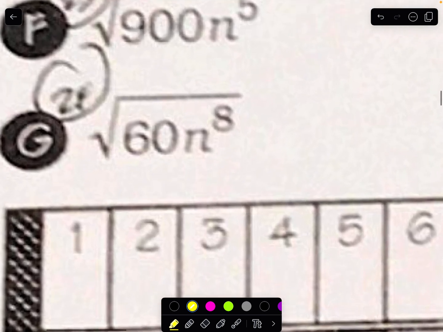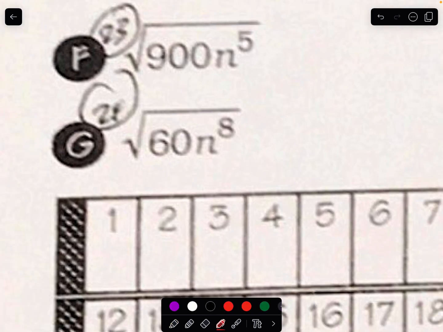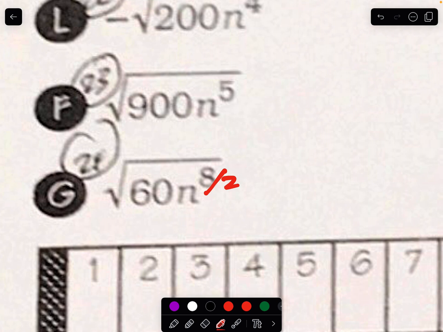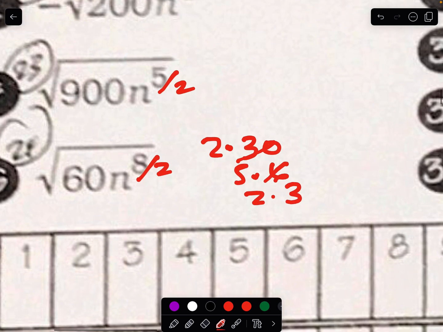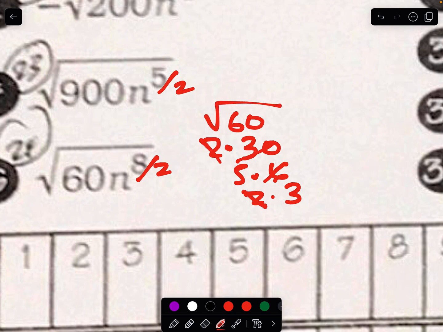So if you get stuck with this, if you haven't noticed the pattern, you just divide this by 2. You divide this by 2. Let me show you. 60 is 2 and 30. 5 and 6. 2 and 3. That's 60, right? So the answer is 2.